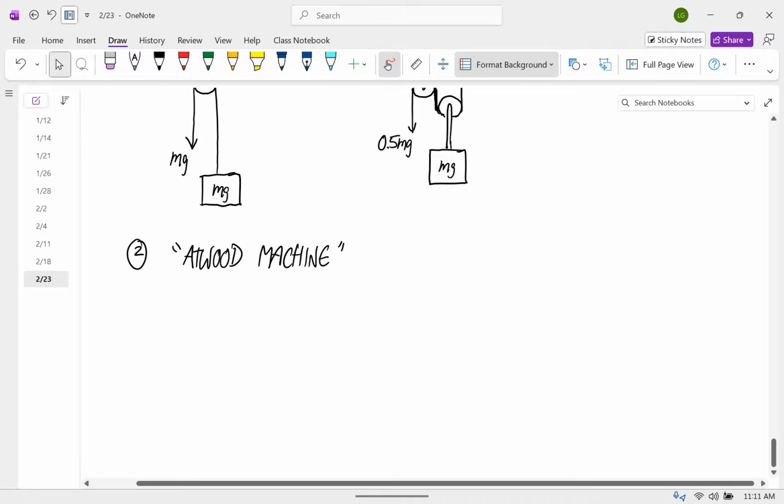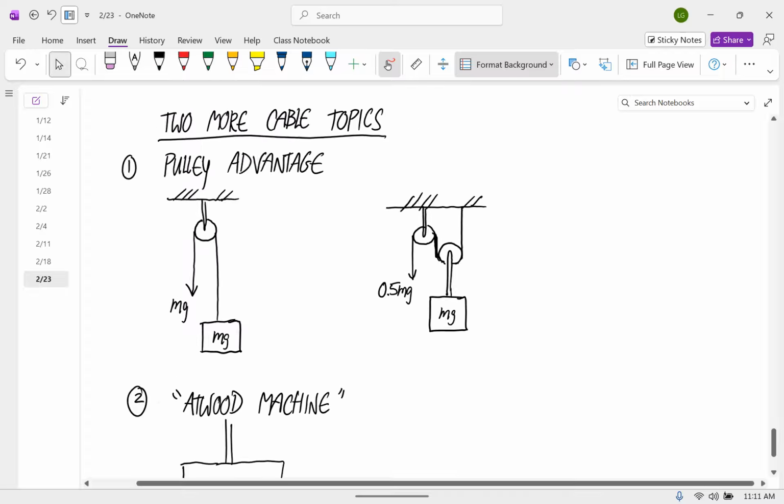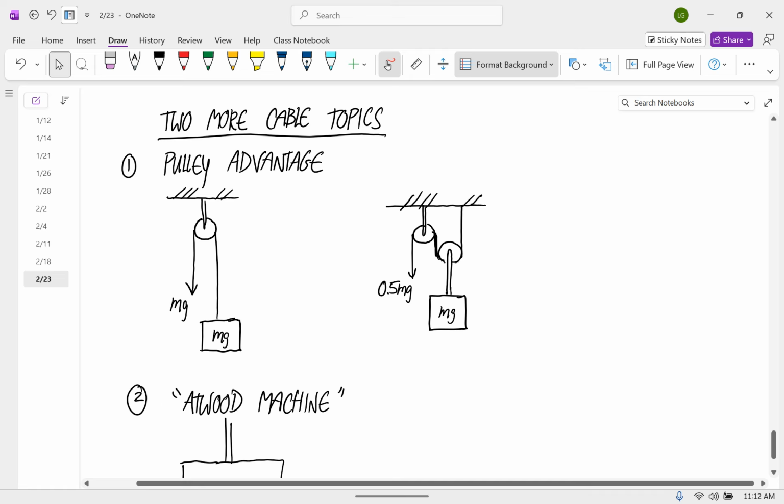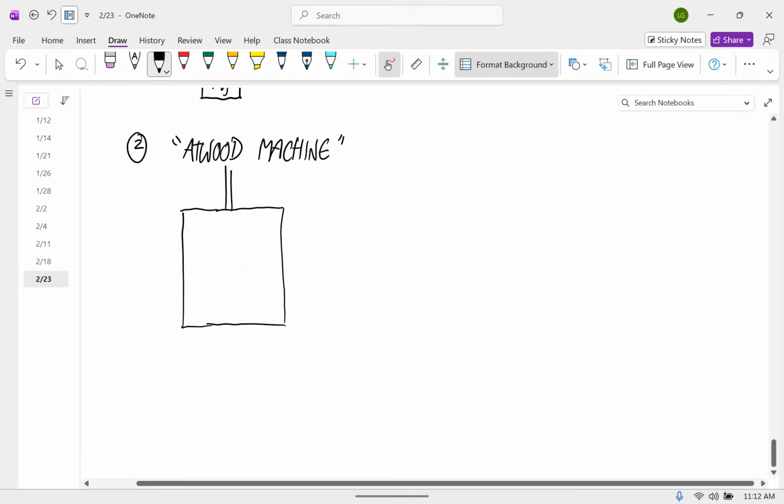So here's what we're going to do now. We're going to think of these pulley systems as not connected to a non-accelerating ceiling, but instead connected to the ceiling of an elevator. Okay.